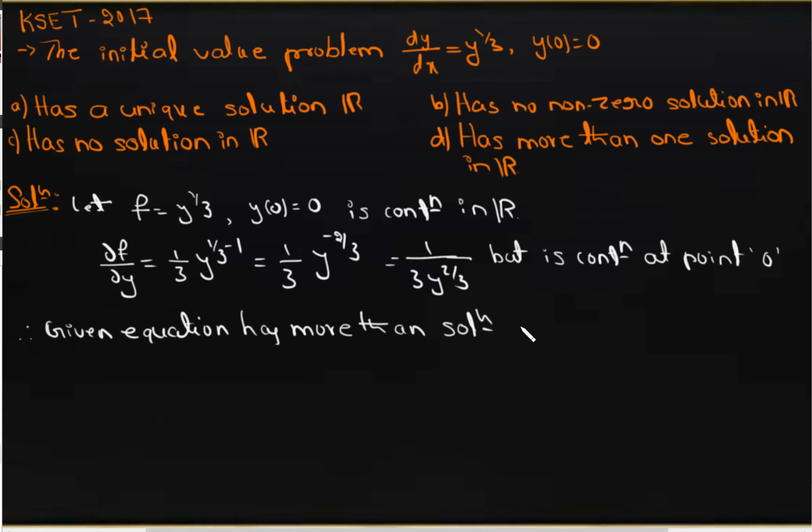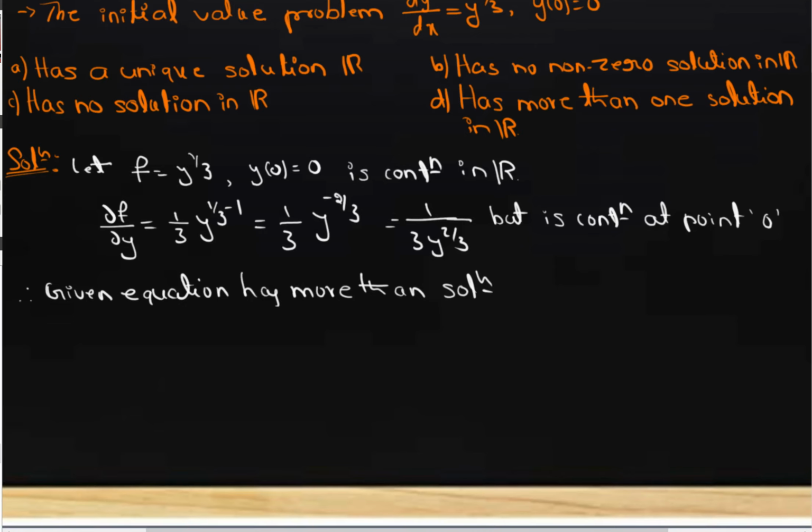Now let us see what the solutions are for the given differential equation. Okay, now for the solution, the given differential equation is dy by dx equal to y to the power 1 by 3, and the initial condition is y of 0 is equal to 0. Okay. Now by the variable separable method, it can be written as dy divided by y to the power 1 by 3 is equal to dx.